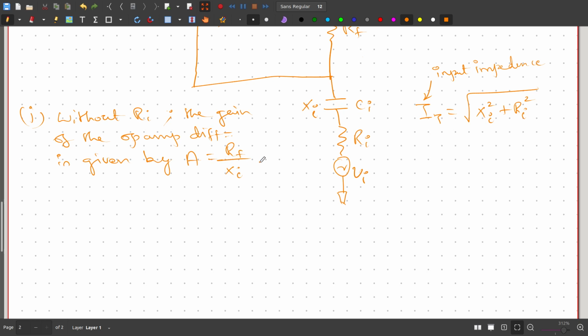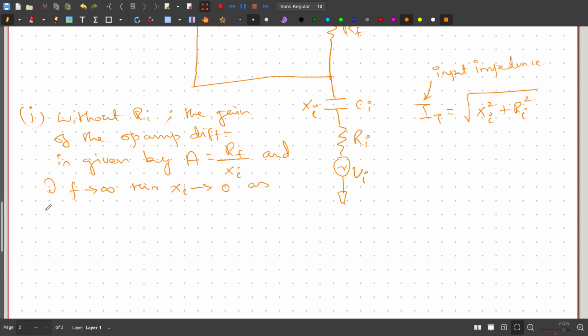And at very high frequency, that is when f tends to infinity, this Xi tends to 0.